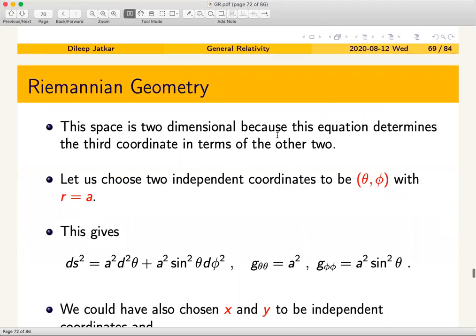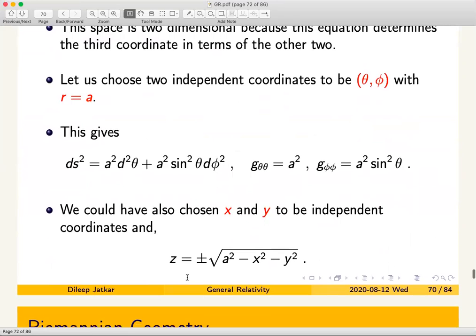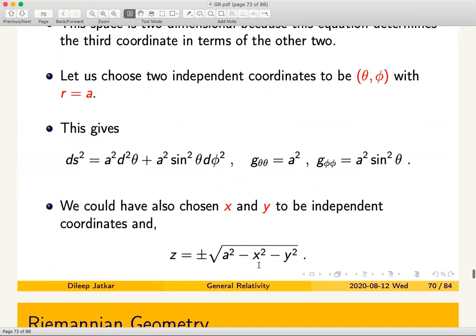But since we are studying the surface of the sphere, z is not independent of x and y, and therefore dz squared is not independent of dx and dy. So what we will do is look at z, which is given by this object, and use that to define dz squared in terms of dx and dy.